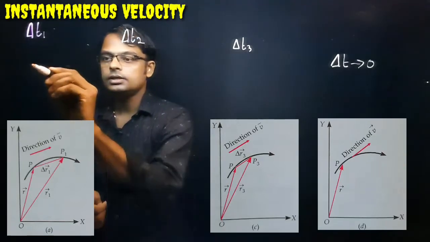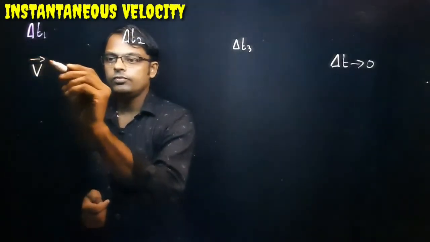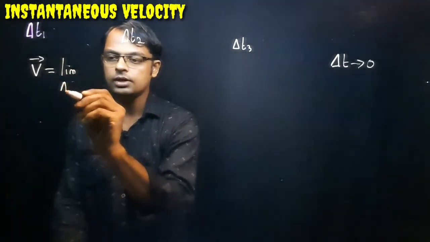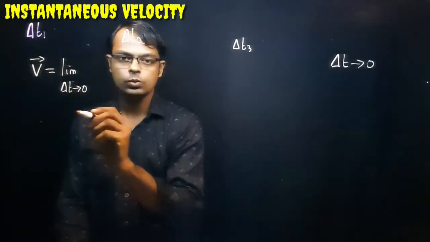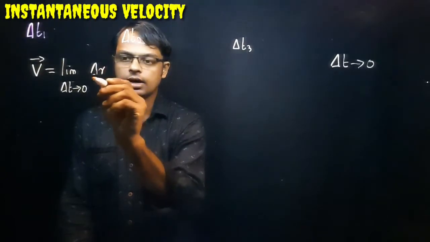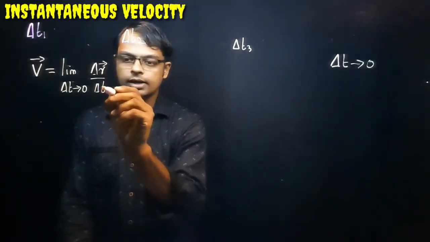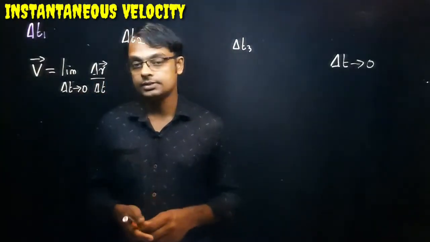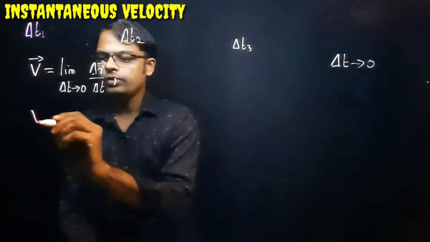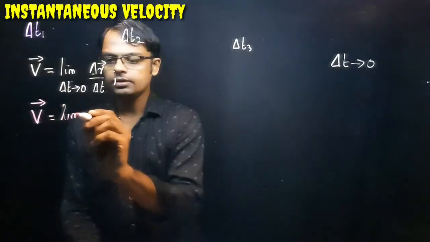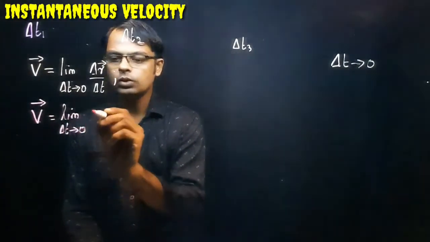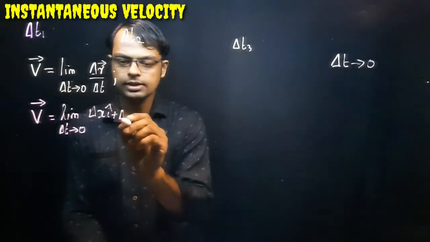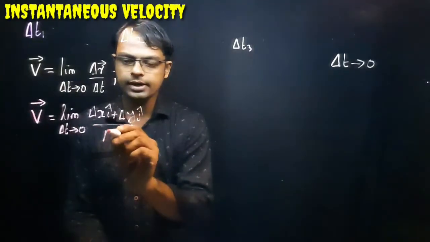First of all, the instantaneous velocity we can write as v vector is equal to limit delta T tends to 0 of delta r vector divided by delta T. We have already learned this equation. When you apply the limiting value, we use the term instantaneous. Now we can write v vector is equal to limit delta T tends to 0 of (delta x i cap plus delta y j cap) divided by delta T. Correct?